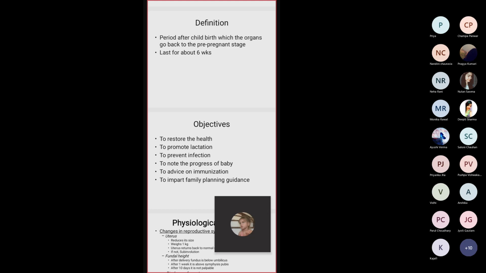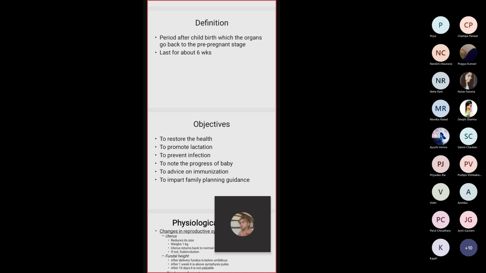Next, to prevent infections. The puerperal time period is a time where the woman's immune system is a little compromised and she may have chances of infection. As a healthcare professional, you should prevent the mother from all sorts of infections. If it is an LSCS delivery, there is a chance of infection at the site of the cesarean.